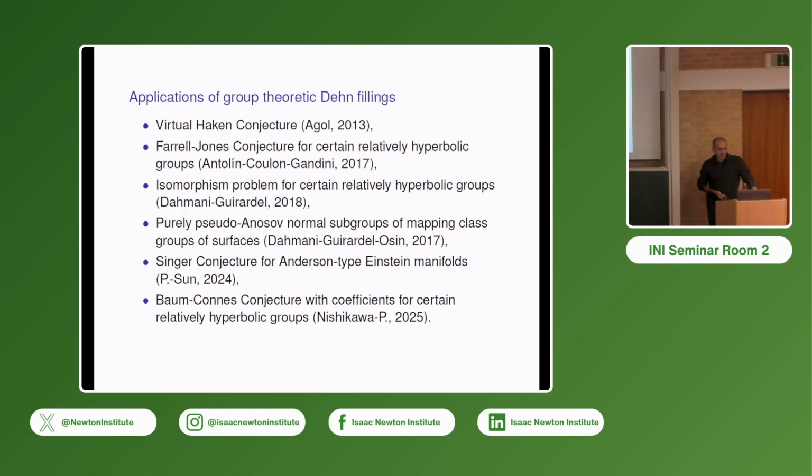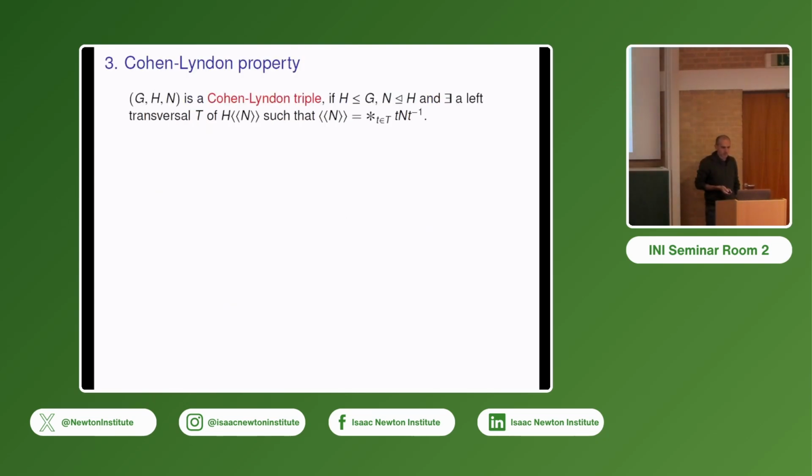This is joint work with a colleague of mine, Shintaro Nishikawa, from this year. Okay, so hopefully this gives you an idea that Dehn fillings are interesting objects to consider.